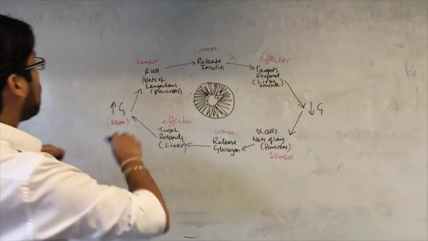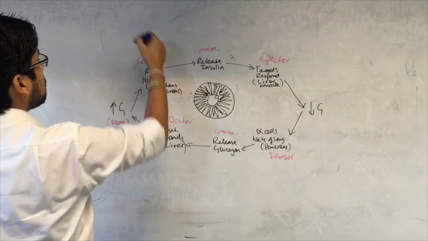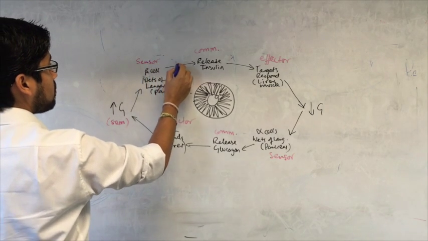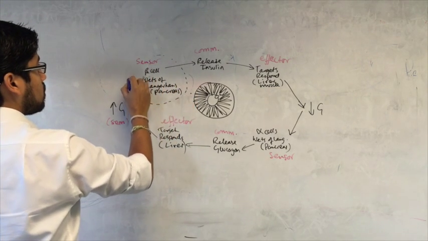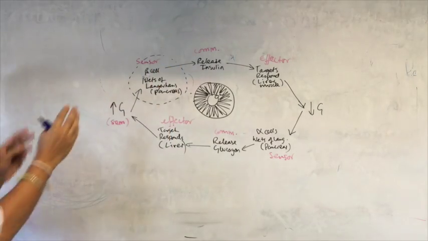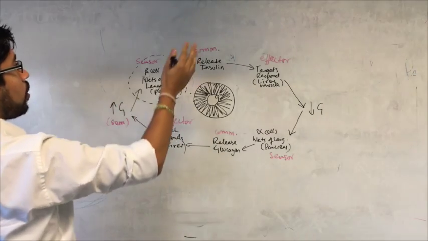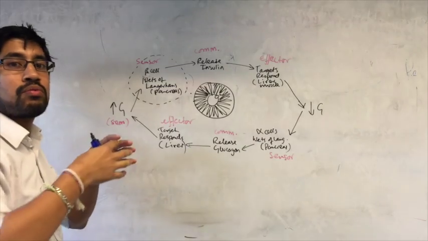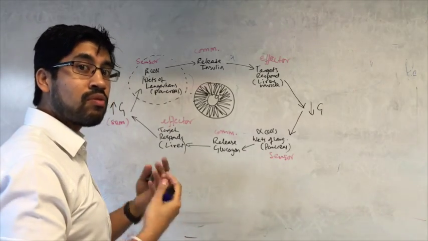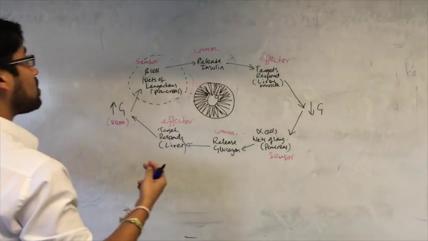So we're going to focus on this bit now. What's happening here? The wider context is the structure of the islet of Langerhans. You'll need to know that. It's part of the pancreas.